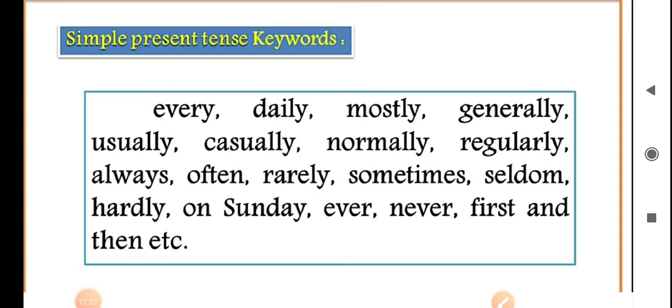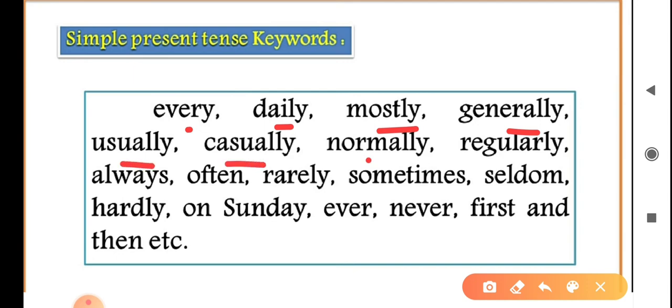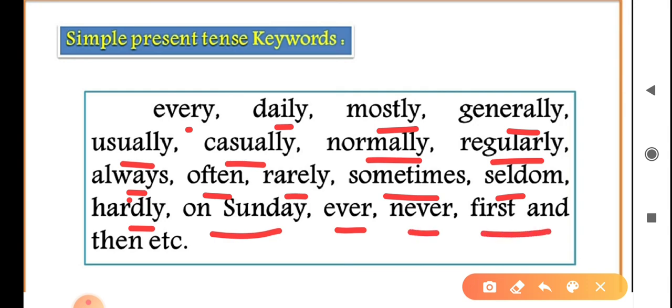There are some more words used in simple tense, such as every, daily, mostly, generally, usually, casually, normally, regularly, always, often, rarely, sometimes, seldom, hardly, on Sunday, ever, never, first, and then, etc.